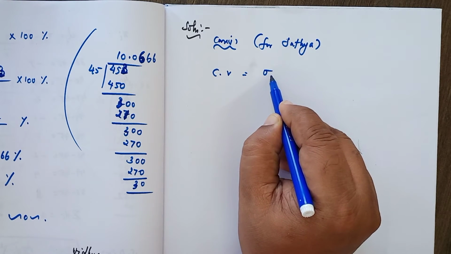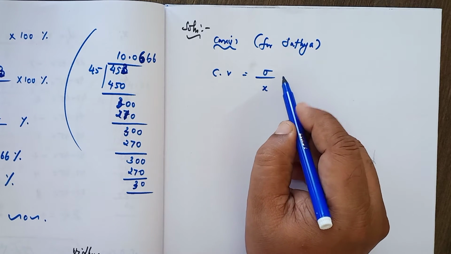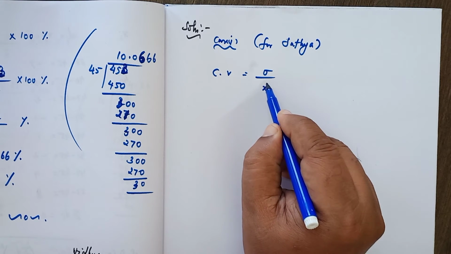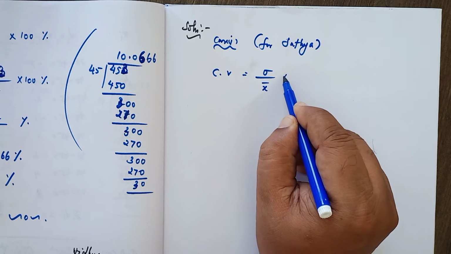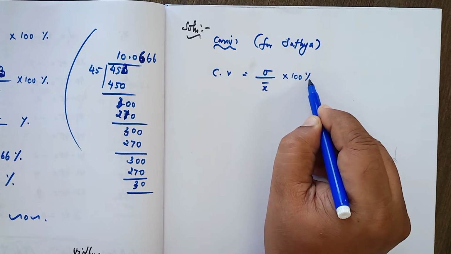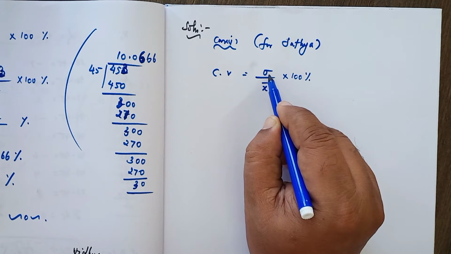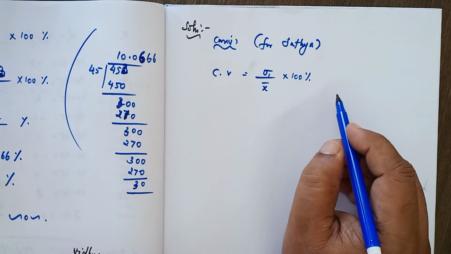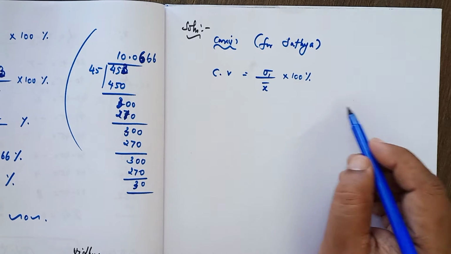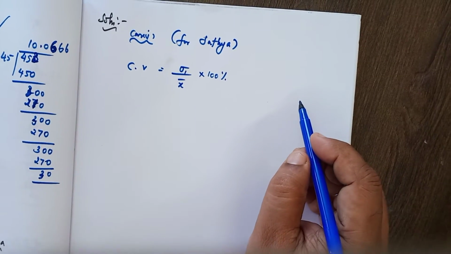Formula: sigma by x bar into 100%. Here I consider sigma 1 and x bar. Now we have to calculate x bar. After that we can substitute in that formula.